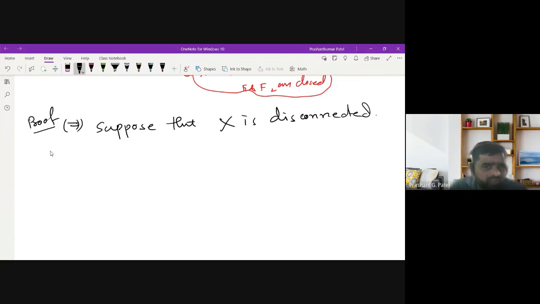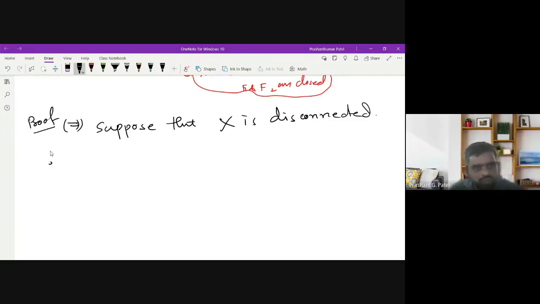Now we use the previous result very heavily here, because the previous result says that if X is connected, then there are only two subsets of X which are both open and closed. So what will be the negation of that statement? The negation says that if it is disconnected, then there will be some set which is both closed and open.